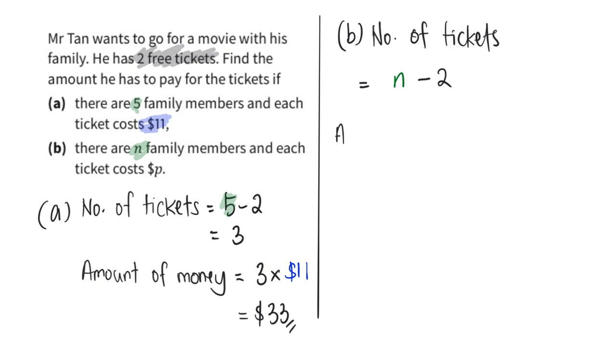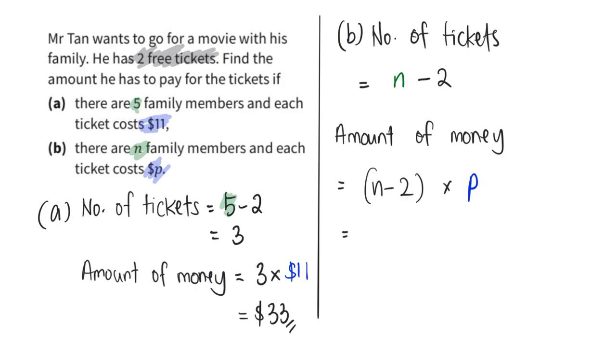And so the amount of money now will be equal to n minus 2 multiplied by, not 11, because the ticket price now is P, so multiplied by P. And when we do multiplication, we can also rewrite this as P times n minus 2.